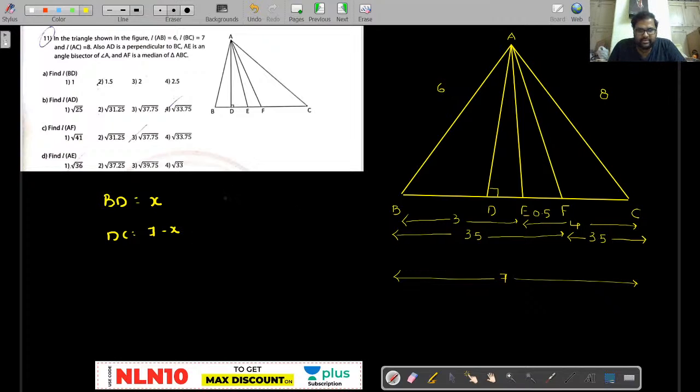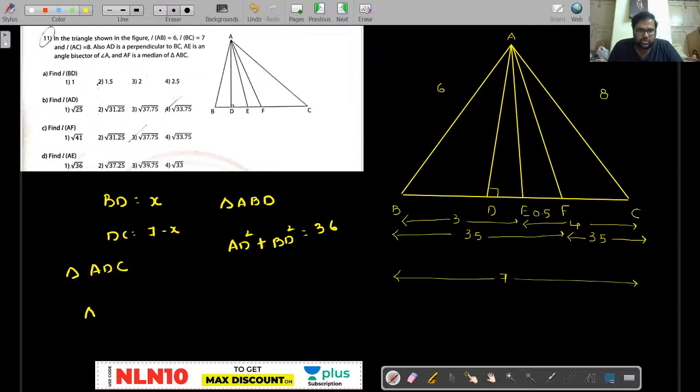Now, observe triangle ABD. Triangle ABD is a right angle triangle. Am I right or wrong? So can I write AD square plus BD square is equal to 6 square, which is nothing but 36. Similarly, can I take triangle ADC?